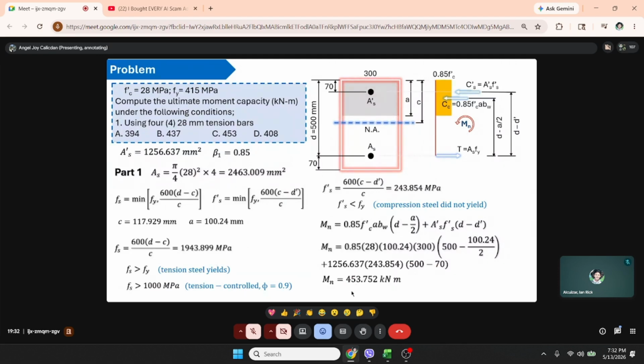And we have Mn equals to 453.752 kilonewton meter. And multiplied by 0.9, we have our final answer 408.377 kilonewton meters.